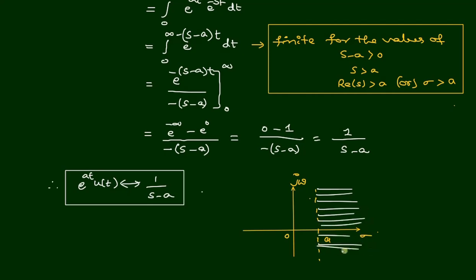This is indicated by horizontal lines as shown in the figure. So this is the ROC for the given function, which is s greater than a, or the real part of s, sigma, greater than a. So this is about single-sided real exponential signals, which are e^(-at) and e^(at) signals.